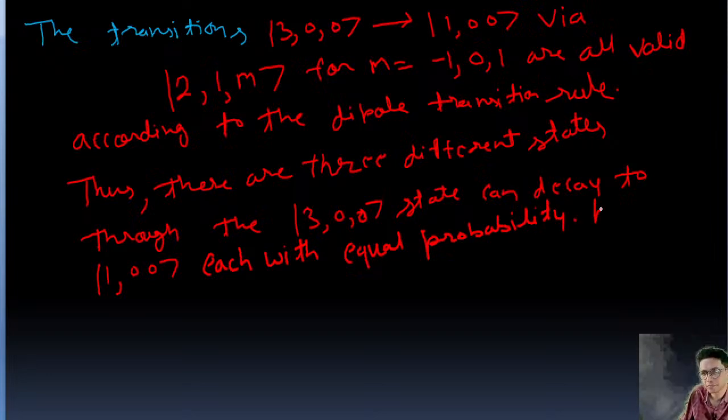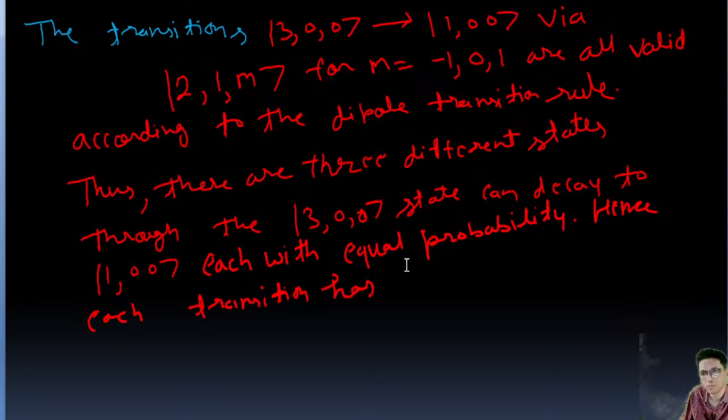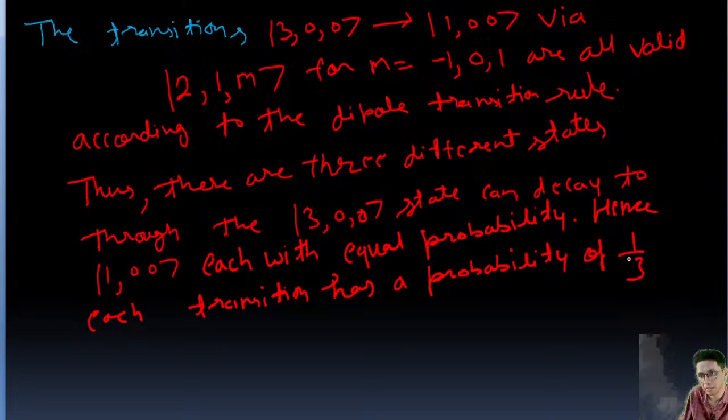Hence each transition has a probability of 1 by 3, right?